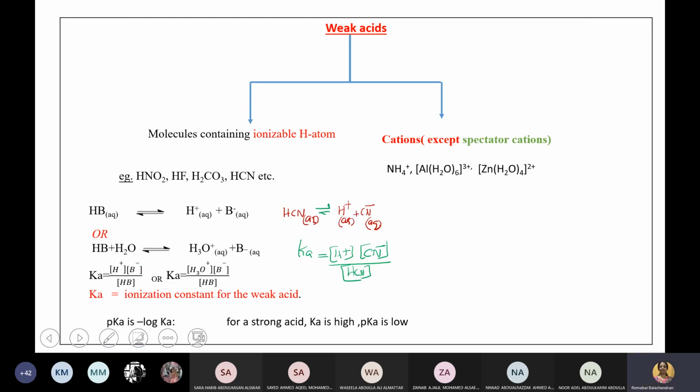I'll write one of the equations here itself just to show you this. My dear students, look here. NH4 plus, you can do it in two different ways. Plus H2O.